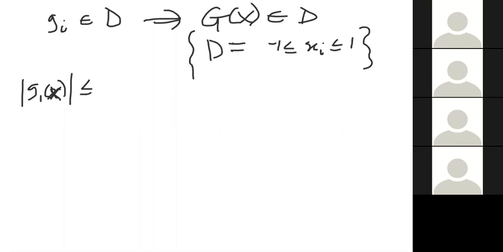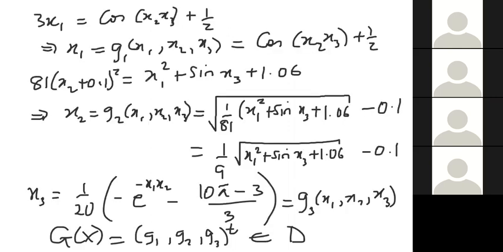Okay, so let's do that. So the first gi that we have, let me say g1. The g1 that we have here is cos x2 x3 plus 1 over 2. So I'll take the absolute value of that.